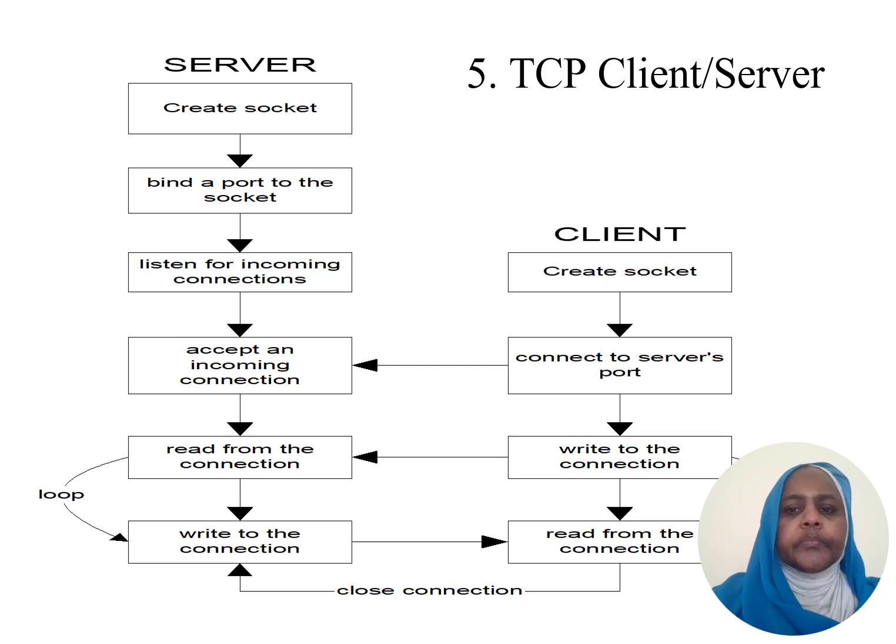Then the client writes to the connection, and the server reads from the connection. Then the server writes to the connection, and the client reads from the connection, and this will be a loop until the communication is finished. Then the communication will be closed.